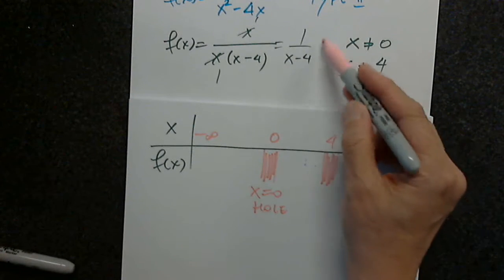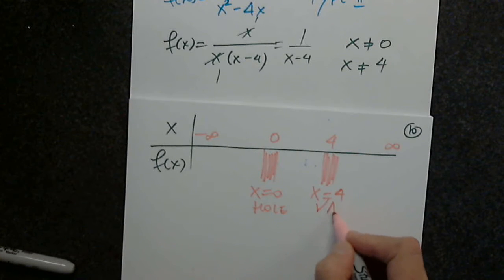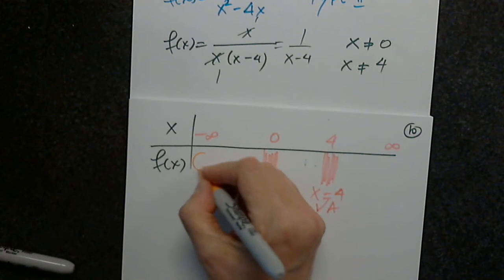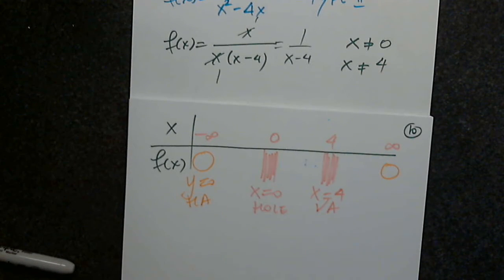It's no longer in the final simplified form. But x minus 4, x equals 4, will stay as a vertical asymptote because the factor is still there. The only difference from type 1 is this. y equals 0 is the horizontal asymptote for all type 2 rational functions, where the degree in the denominator is bigger than the degree in the numerator.